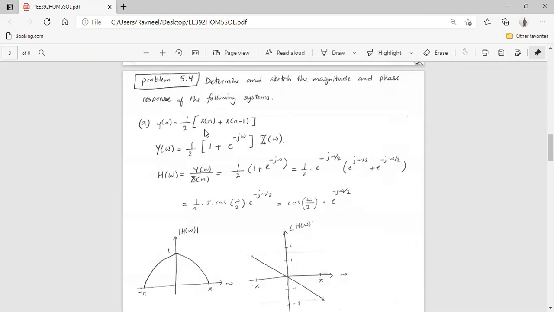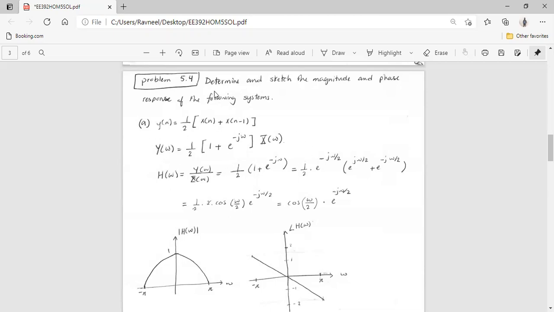X of n converted into the frequency domain will be X of omega plus X of omega multiplied by the delay, which would be written as e to the power of minus j omega. So what they have done in this part is that they have factored X of omega out. All right, so that's how we get this particular part, right?